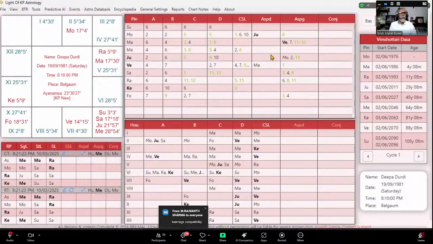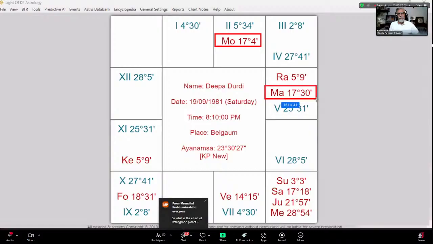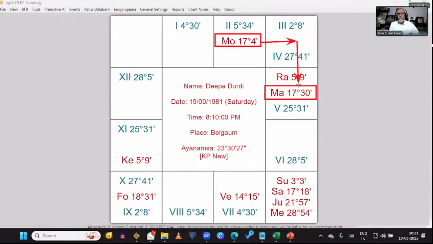Okay. Let's take this horoscope and see if there's any planet aspecting each other. Now, Moon is at 17 degrees, Mars is at 17 degrees. What is the distance between the two? 60 degrees to each other. Is this clear to you?